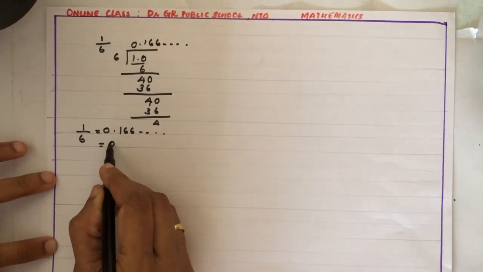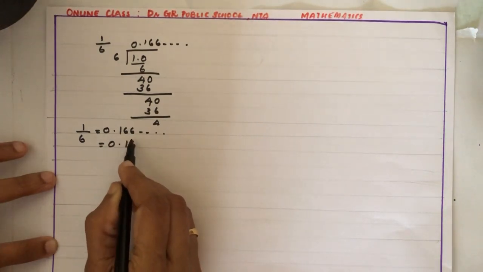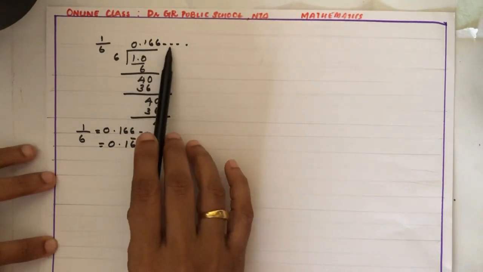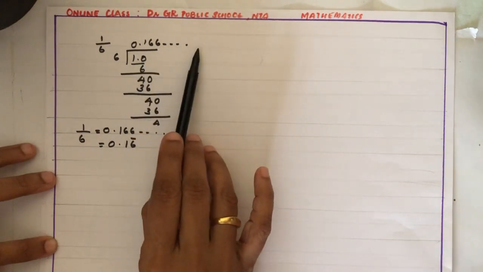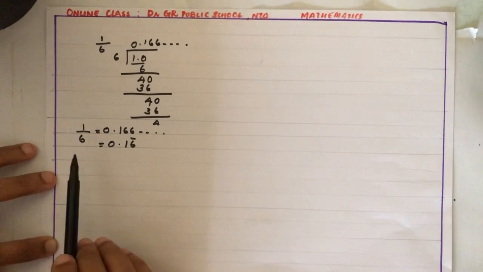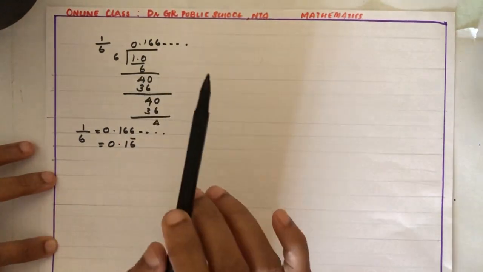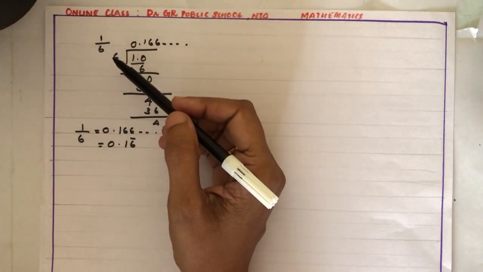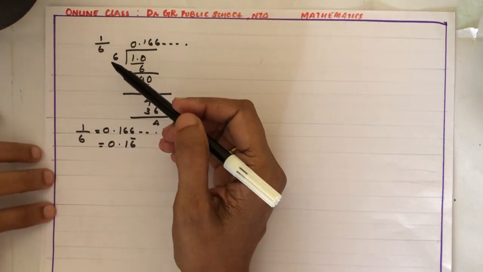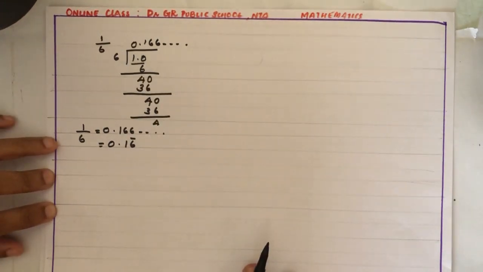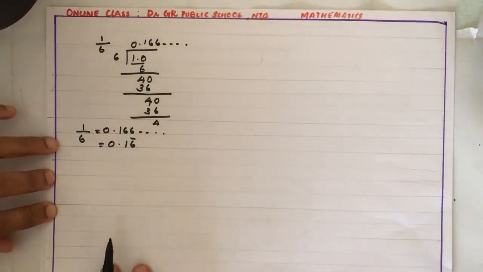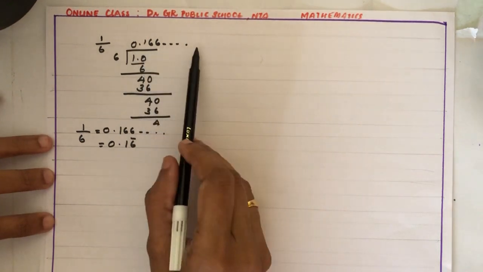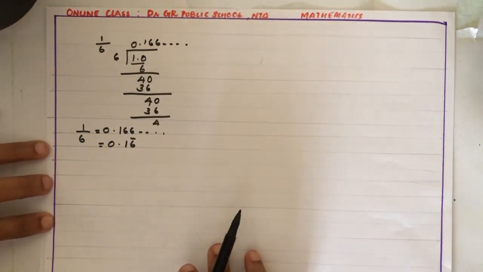So this we write as 0.16 bar. Here the decimal form is non-terminating recurring, where 6 is repeating. So what we discussed is that every rational number can be expressed either in the terminating decimal form or in the non-terminating repeating decimal form.